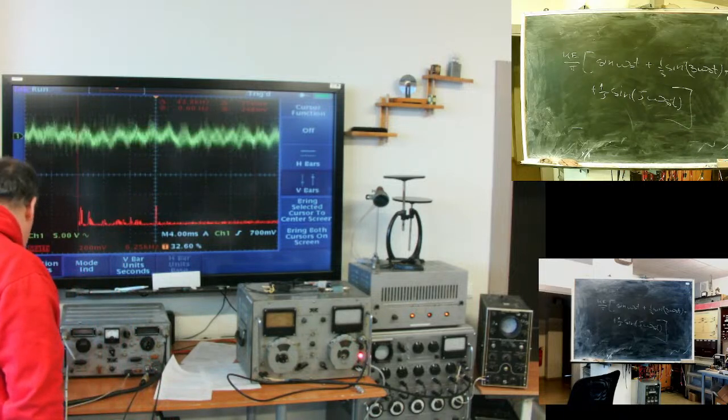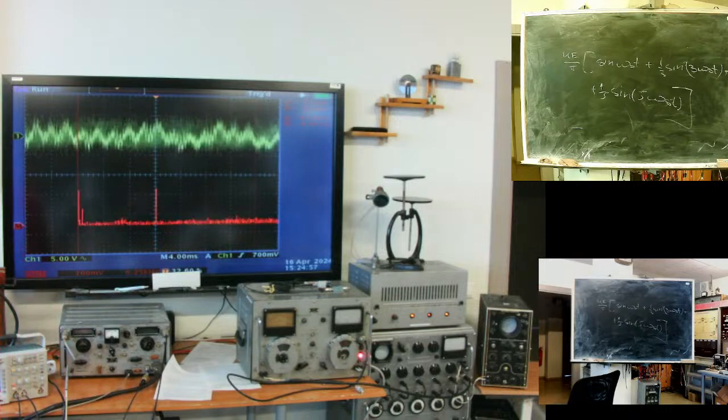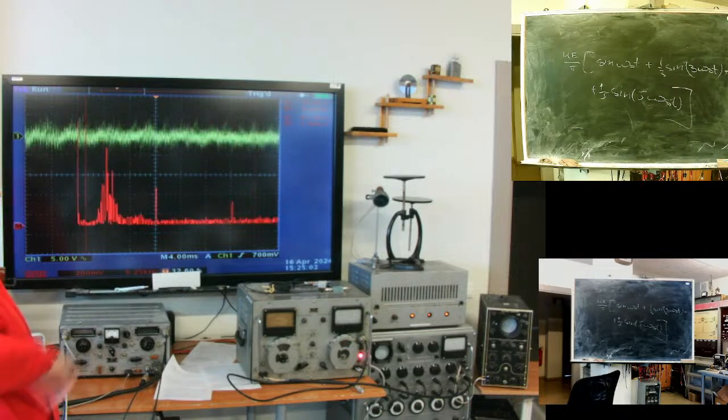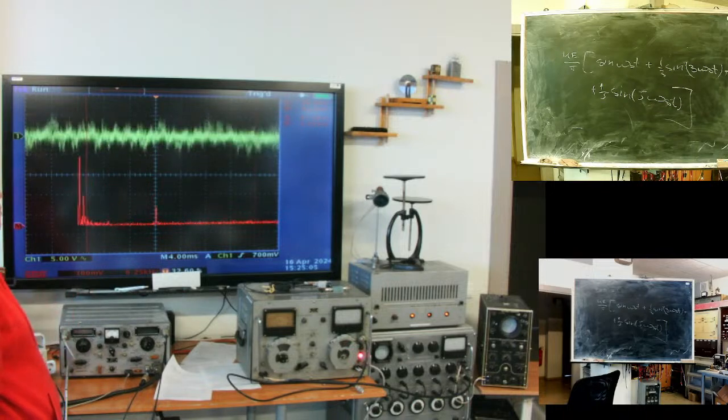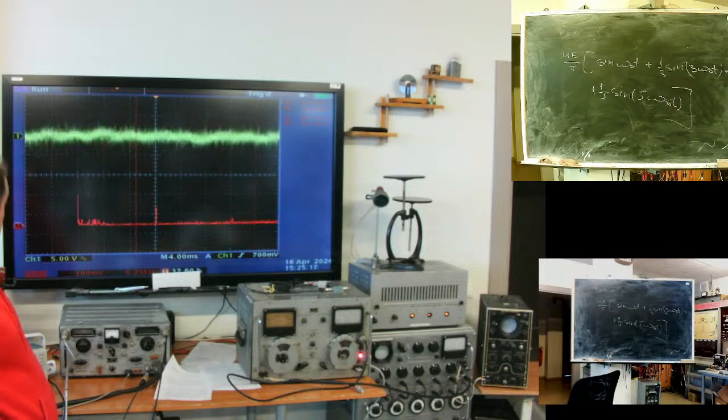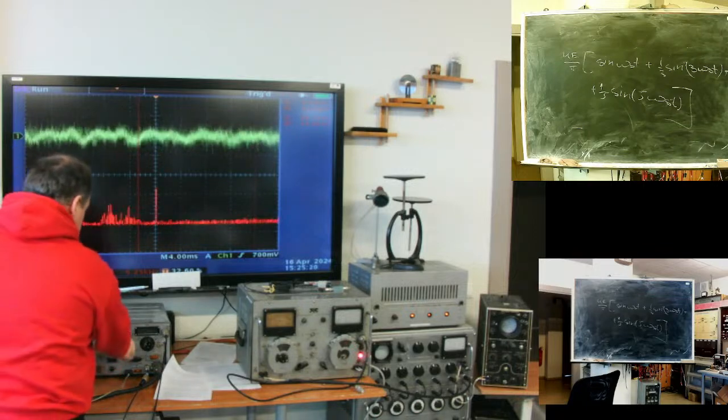Let's take a look at the real broadcasting FM signal. See the frequency: 1, 2, 4, 5, 6, 7, 8, 12, 13. It's the limit of human hearing, yeah?